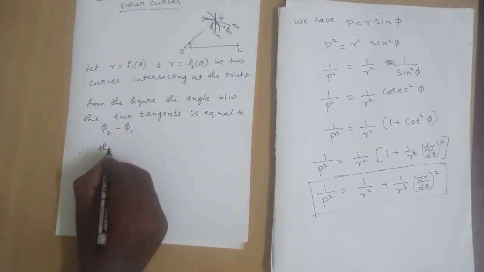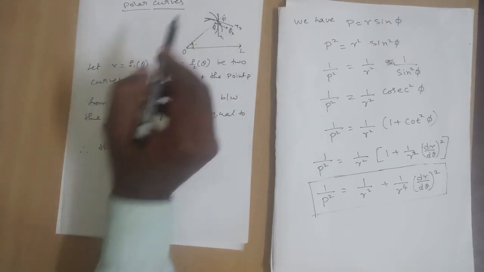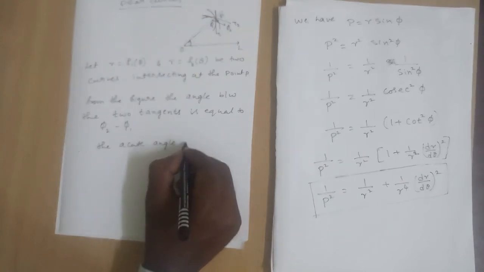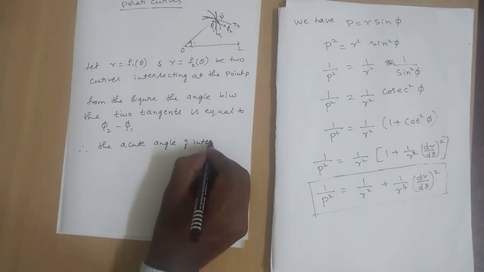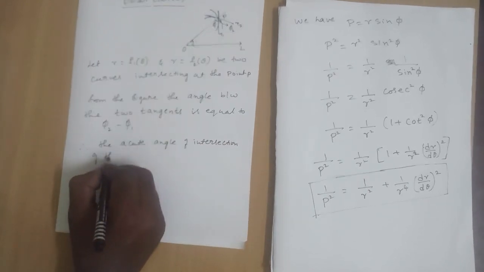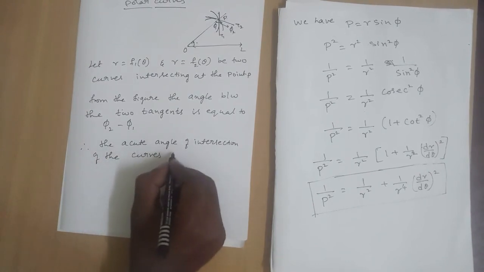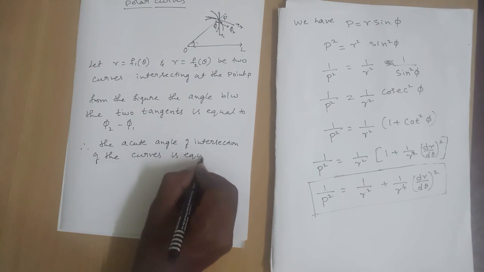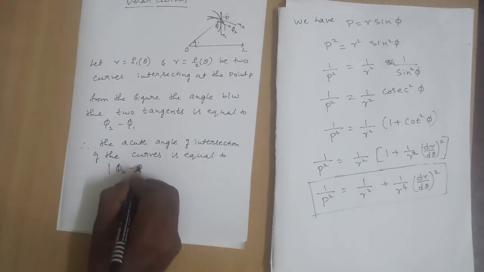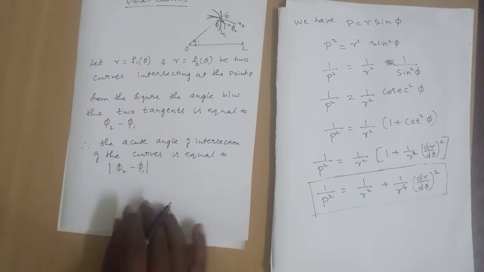Therefore the acute angle of intersection of the curves is equal to mod phi 2 minus phi 1. So always you will get a positive value, that's all.